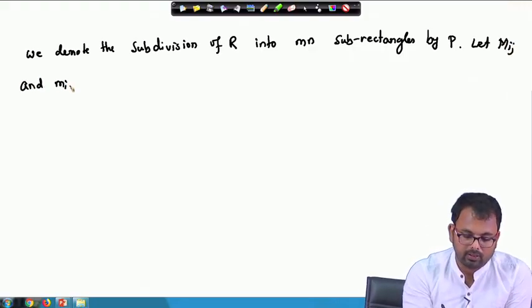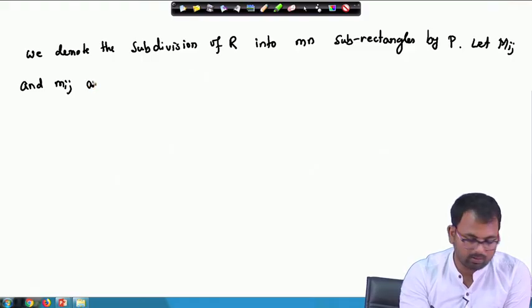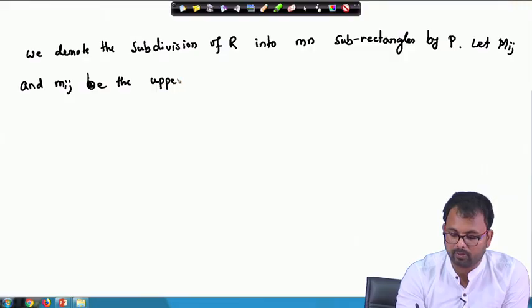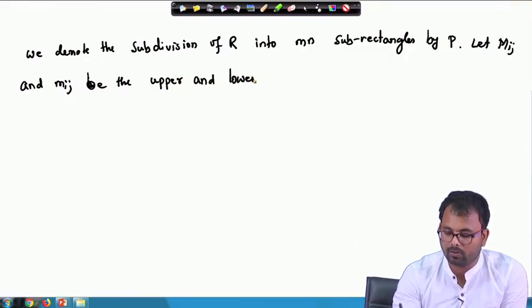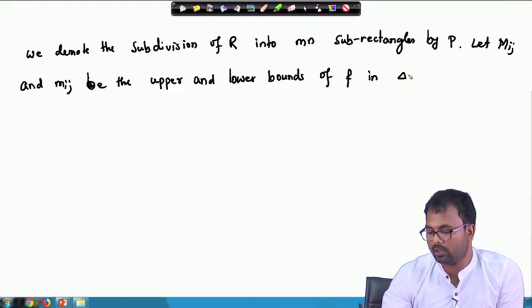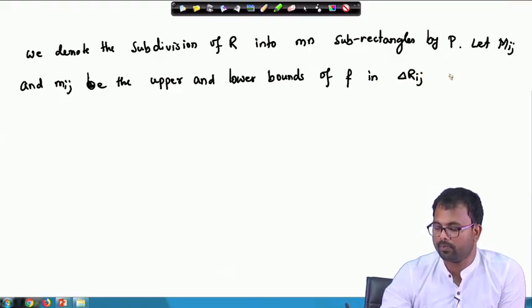and let capital M_ij and small m_ij be the upper and lower bounds of f in delta R_ij.